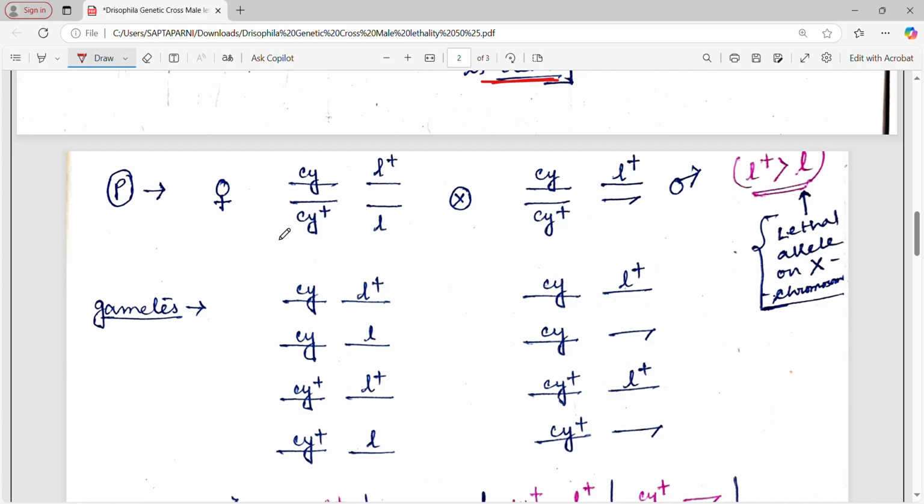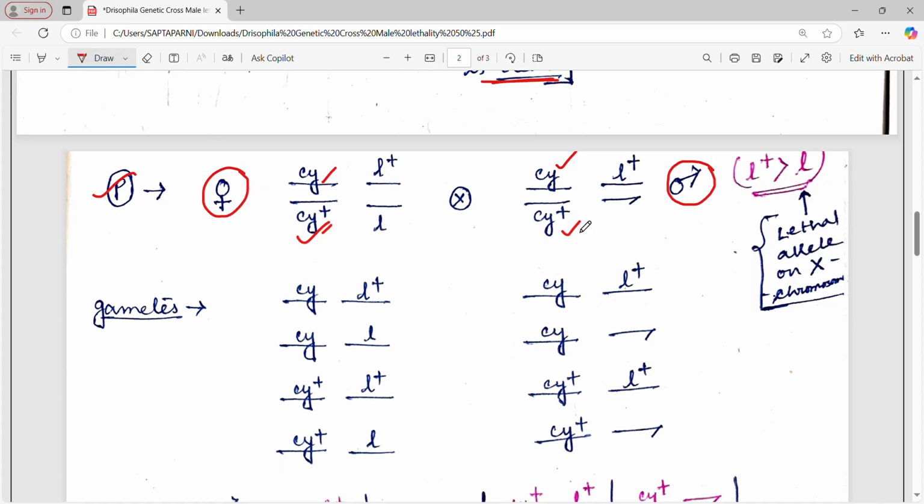So in P generation we are taking mother as heterozygote. So one chromosome will carry CY or mutant allele, and another chromosome will carry wild type allele CY plus. In father also we are taking heterozygote, that is CY and CY plus for the second chromosome.